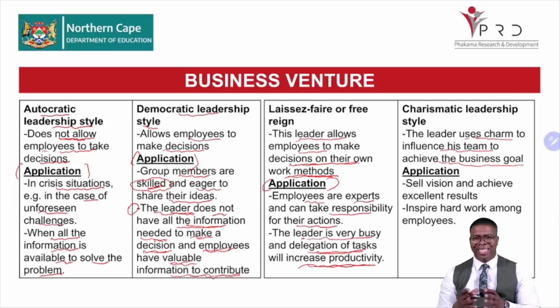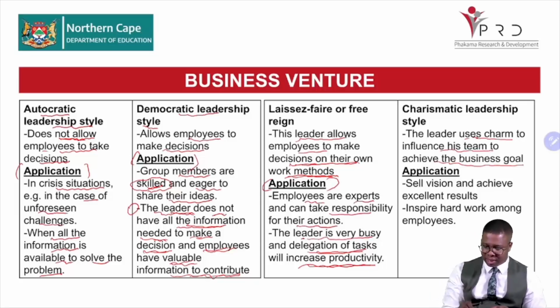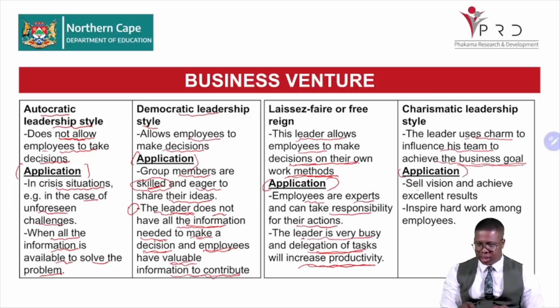Since the leader has skills, the leader will use the skills to charm the employees to use the same skills so that the business can achieve its goals. Hence, we say you use this leadership style when the leader wants to sell a vision and achieve excellent results. Again, it will be used when the leader wants to inspire hard work amongst employees.